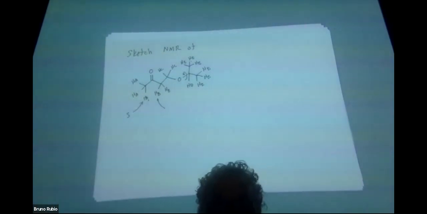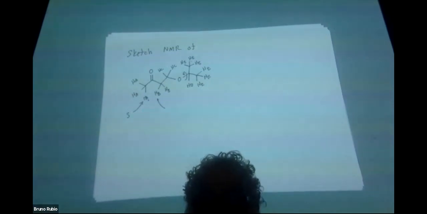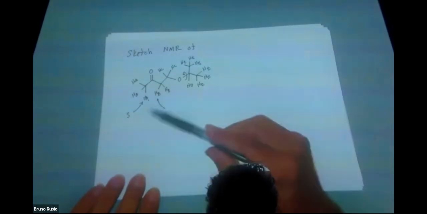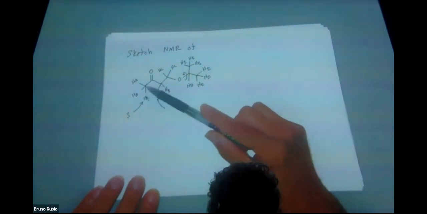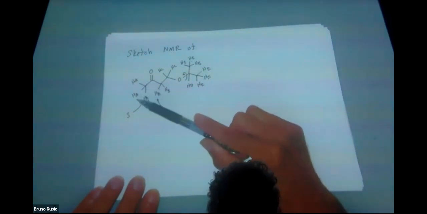What about the splitting pattern of the HB? What's its splitting going to be? I want a word that ends in "et." Can I explain the singlet again? So we're looking for 2 bond splitting and 3 bond splitting. The HA is 2 bonds away from another HA proton.